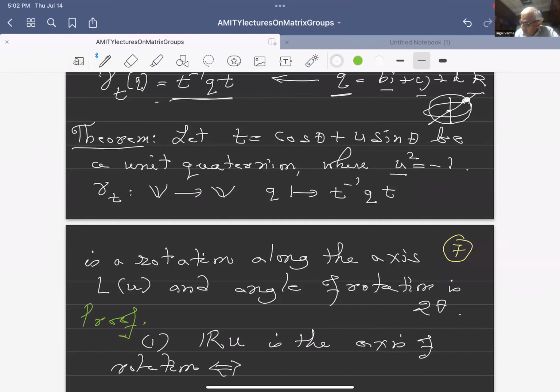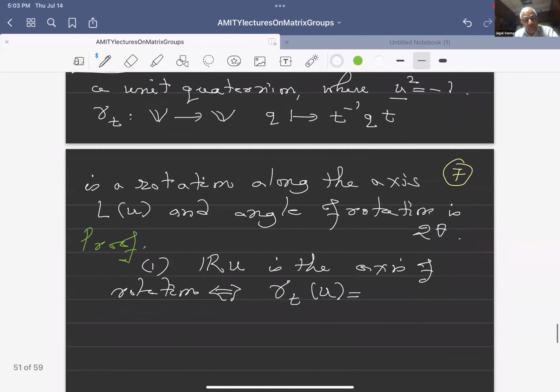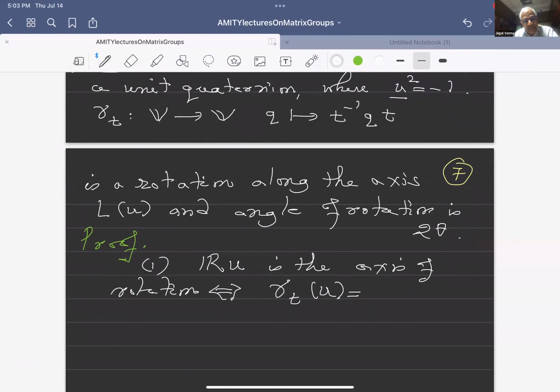This is the same as proving something about gamma T of U. If you want to prove that the axis is the line spanned by U, what should you prove about gamma T of U? What should be the action of gamma T on the axis of rotation? Should be U only, right? Yeah, the same, on the line.